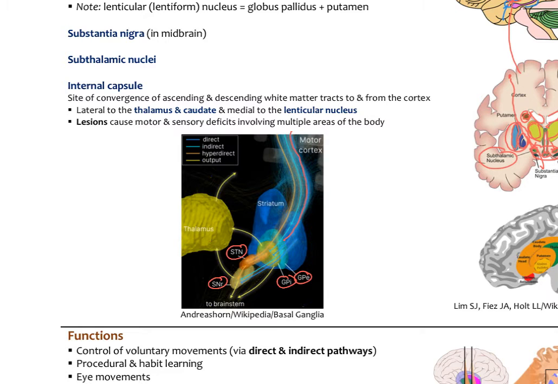Here's the substantia nigra. Here's the thalamus. So I'm not going to go through all these pathways. You don't need to memorize them. But just think that the motor impulses are coming down. They're going to undergo processing. Some input will go back to the cortex to regulate that motor activity, and then we'll have output down to the brainstem. And that's going to go down to the spinal cord, and then that's going to go out your motor neurons to your muscles. So again, a motor processing area.